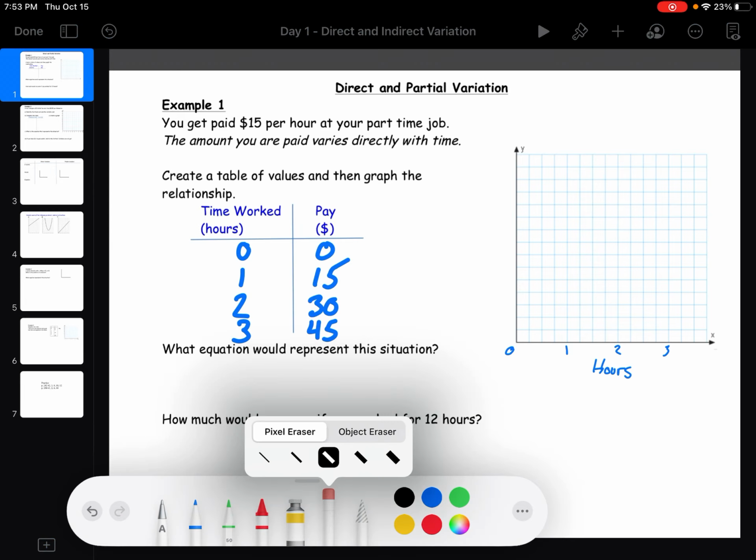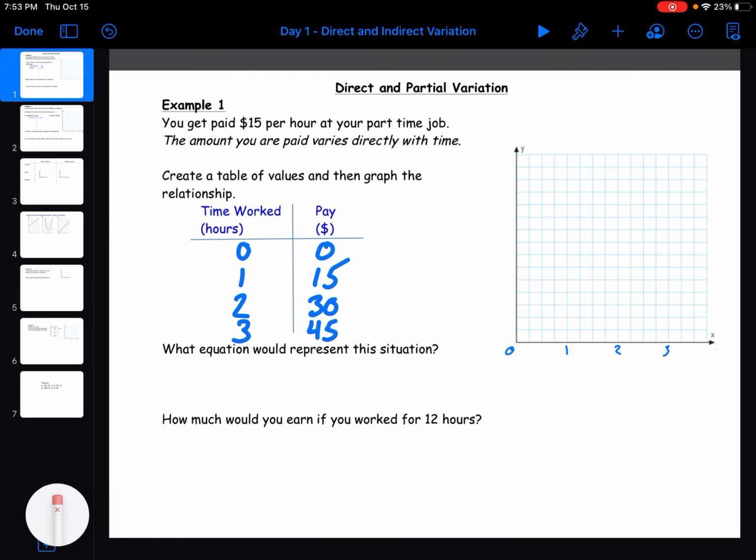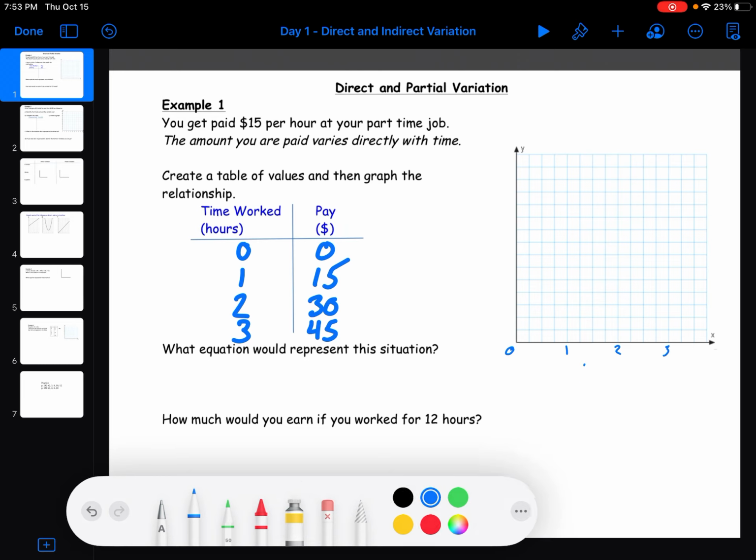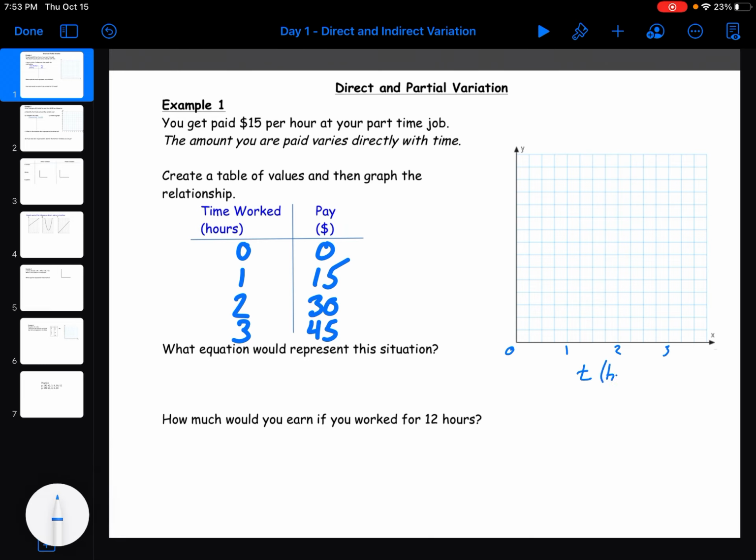We're going to call this down at the bottom time, and it's going to be in hours. Now on the side, we're going to have pay, and it is going to be in dollars. Okay, so we've got 15, 30, 45, and 60.